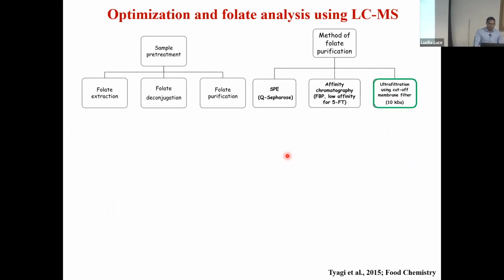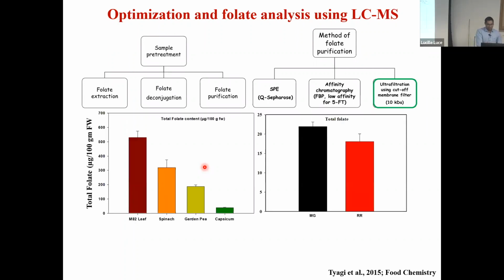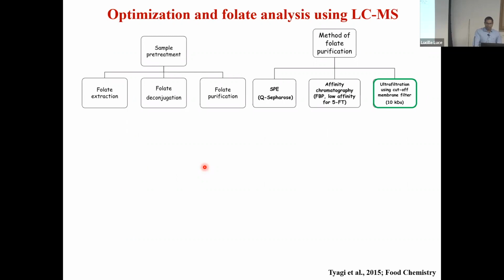Folate extraction involves different steps. Folate in food is very sensitive to light, temperature, and heat, and it is present in very low amounts, so folate extraction and analysis is very difficult and challenging. The tri-enzyme method is the most commonly used method for folate extraction.